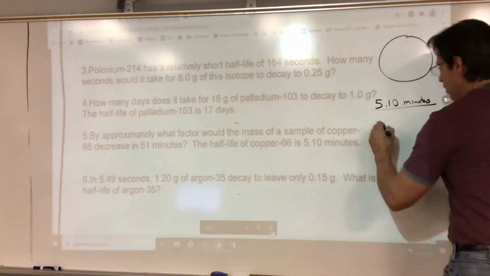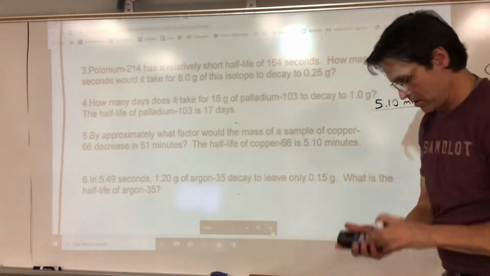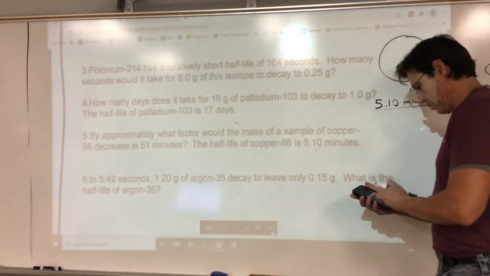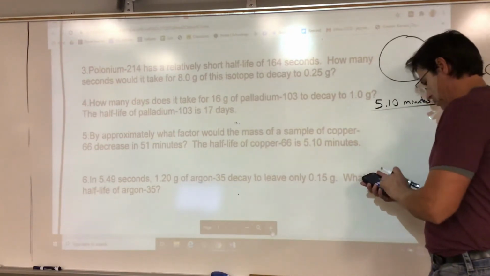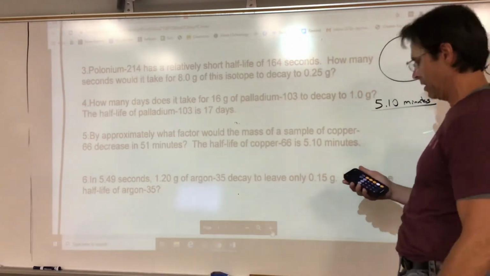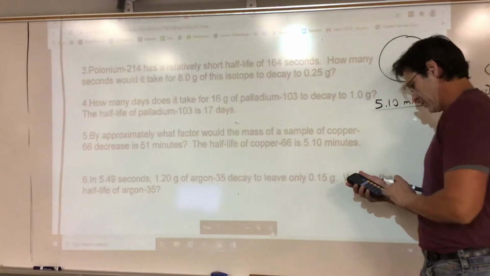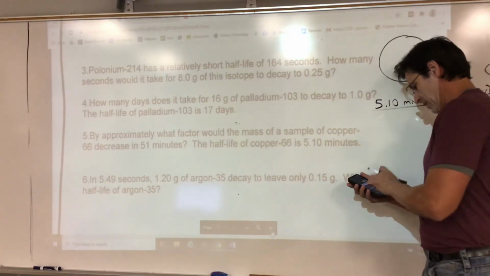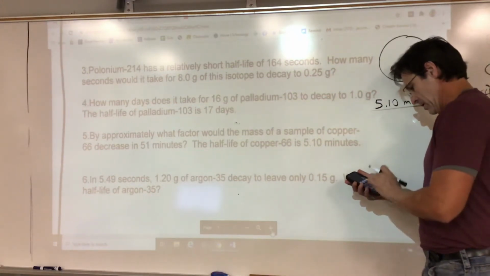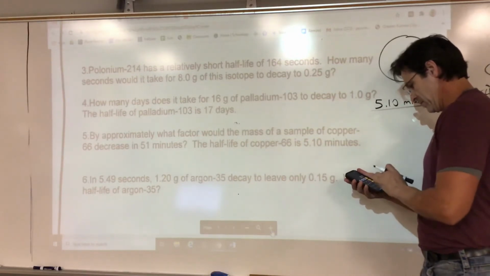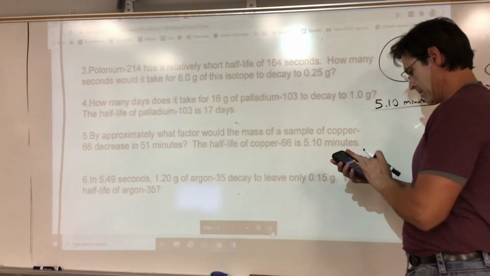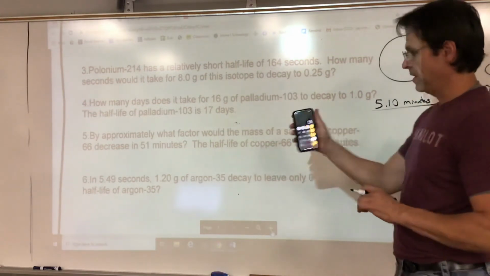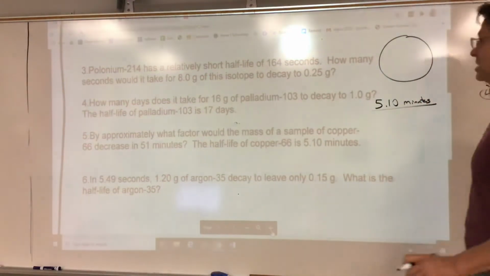So 5.1 plus 5.1, that's 2, plus 5.1, that's 3 half-lives, plus 5.1, that's 4 half-lives, plus 5.1, that's 5 half-lives, 6, 7, 8, 9, 10, 51. So this thing went through 10 half-lives.